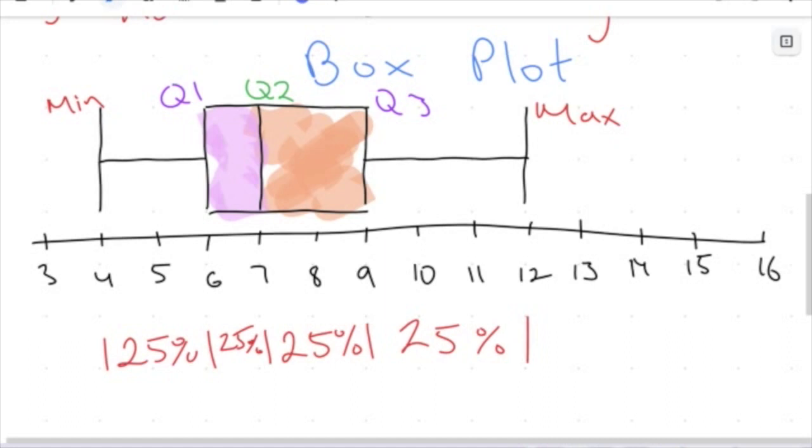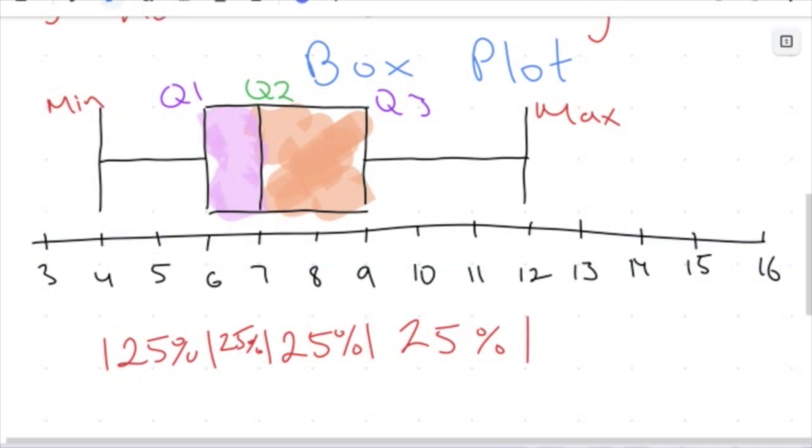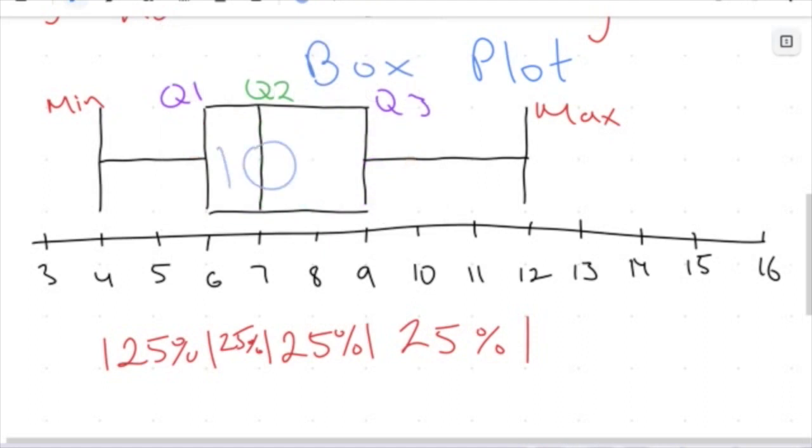And we draw this along a number line to see how we visualize this, to see how our data is spread across this number line of values from our question. So all of these things make up our 25%, and some of you may have picked up on the fact that this actual box here represents our entire interquartile range.